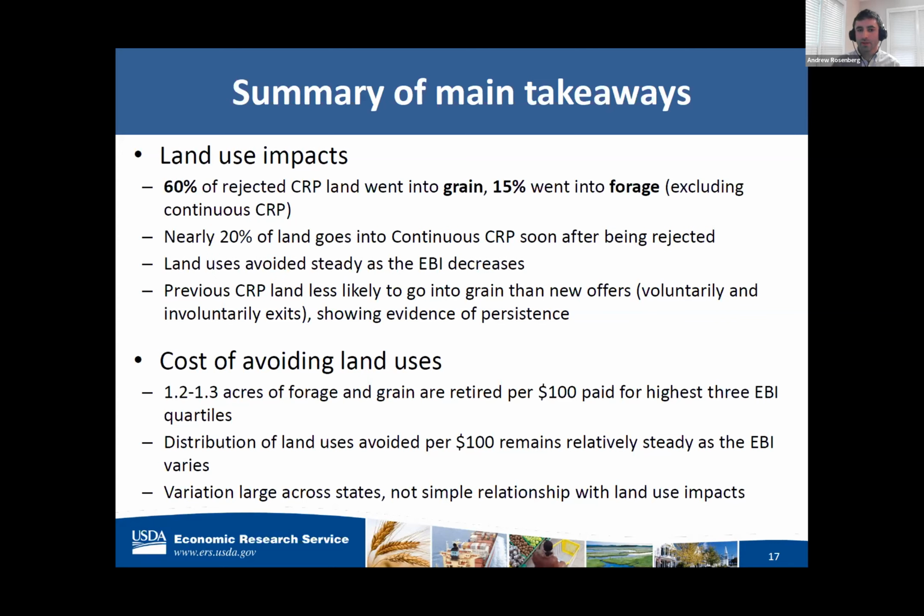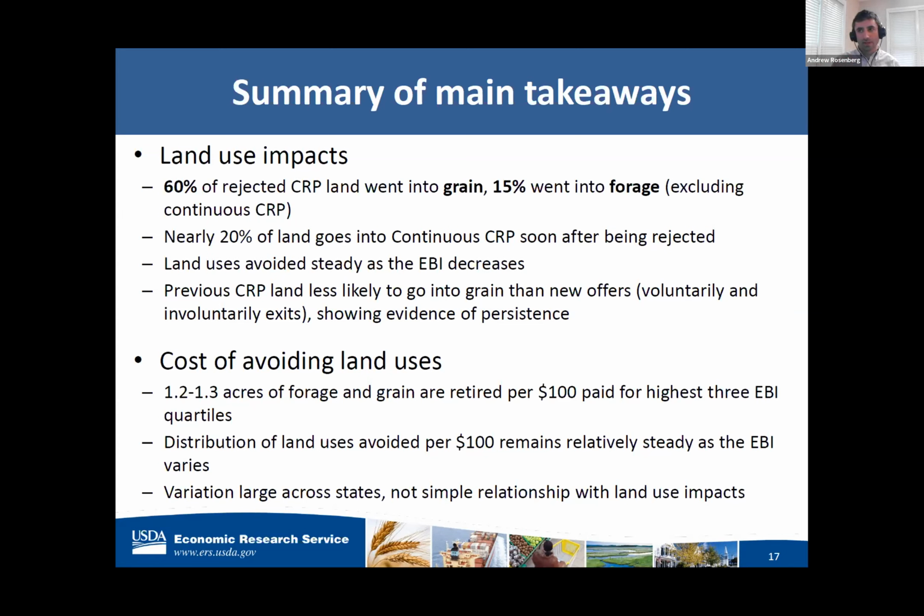I think it's possible that there's a relationship if you only look at those that made an offer, because the land that has higher amounts of what we're calling environmental sensitivity has a high EBI score to begin with.